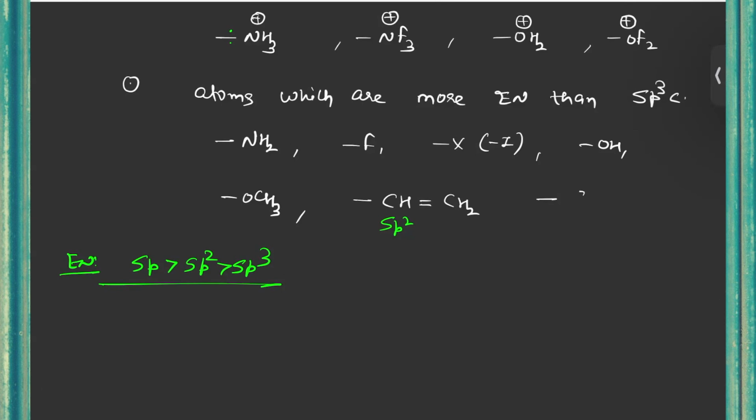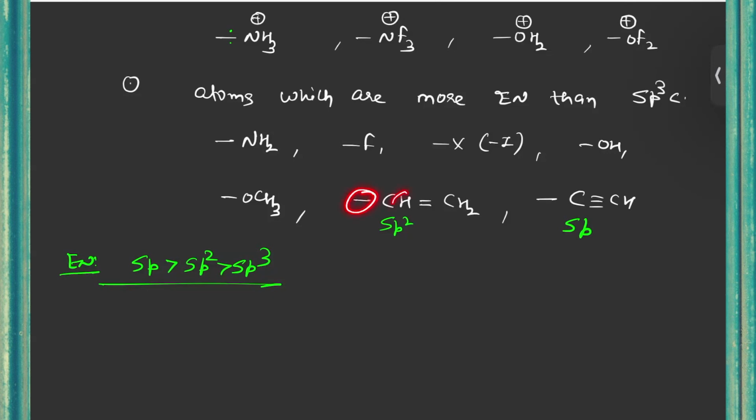The highest electronegative is sp. So sp carbon will also have a minus I effect. So atoms more electronegative than sp3 have the minus I effect: nitrogen, oxygen, halogens, and sp2 and sp carbon also.